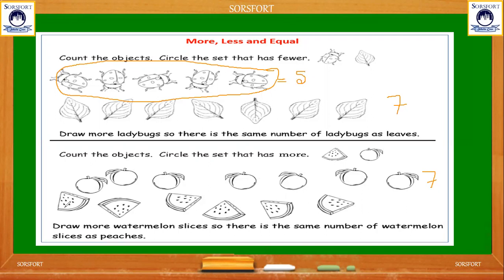How many pieces of watermelons? 1, 2, 3, 4, 5, 6. Now which one has more in number? The apples are more in number. So I circle.